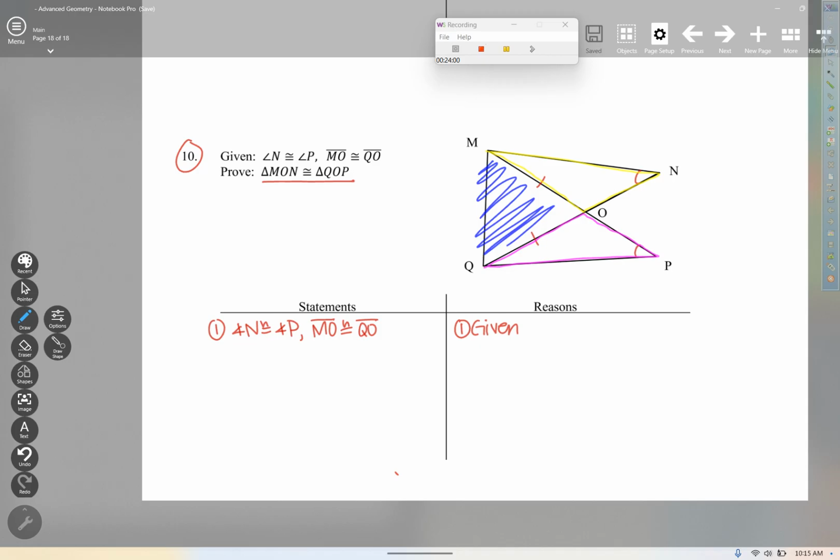I have angle MON is congruent to, so I went from M to O, which has 1 tick mark, and then O to N, which has an arc mark at the end. So I need to stay consistent. So I'm going to need to start at angle Q, then go to O, then P. And the reason I knew they were congruent is because they are vertical angles.